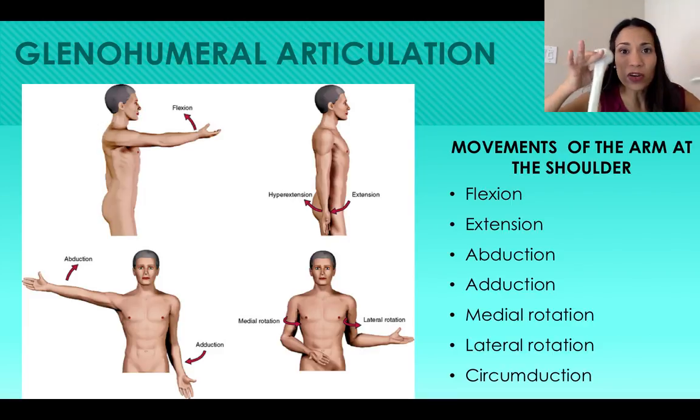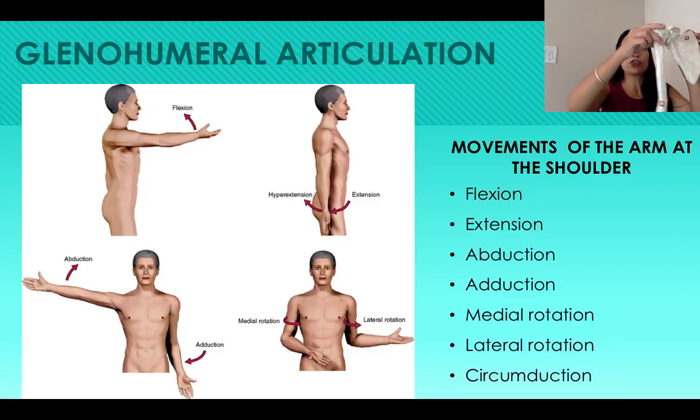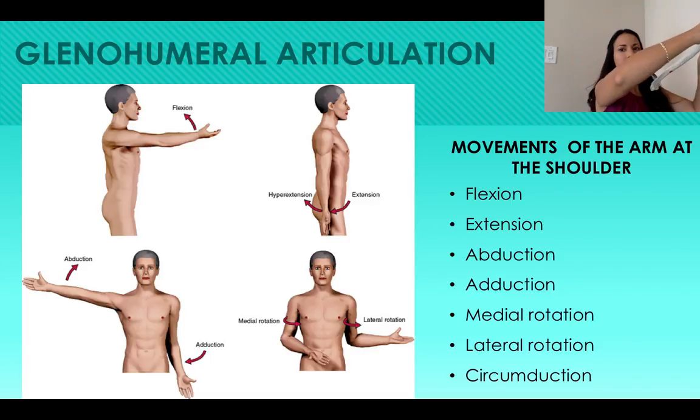I do not care what the position of the elbow is at that moment. I'm just concentrating right now on the movement at the glenohumeral joint. So this is flexion, movement of the arm anteriorly. Extension is the anatomical position. Hyperextension is when you move it backwards in the posterior plane, okay?